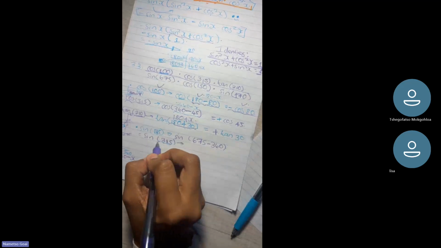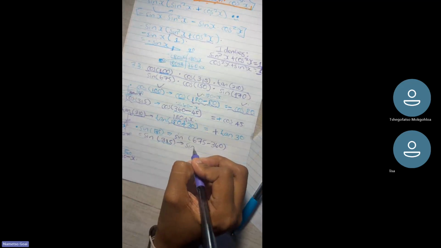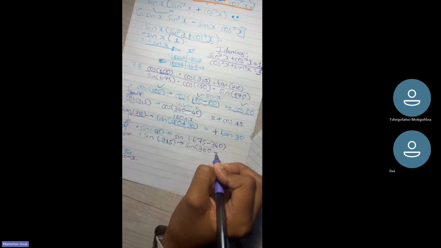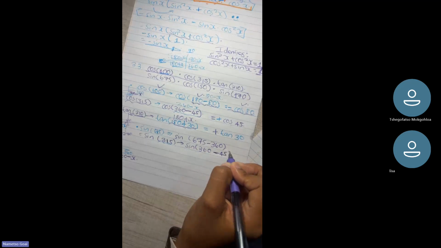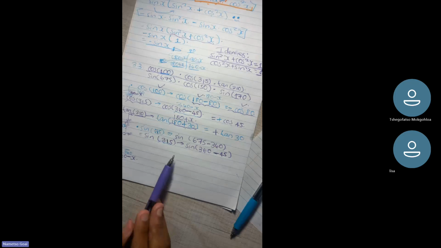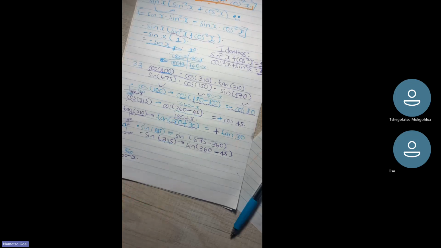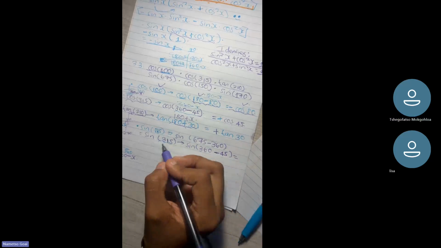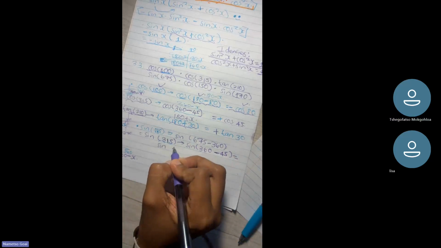So in order to have 315, we say sine of 360 minus 45, because if you punch 360 minus 45 into your calculator, it'll give you 315. So this will just be equal to sine of 45.